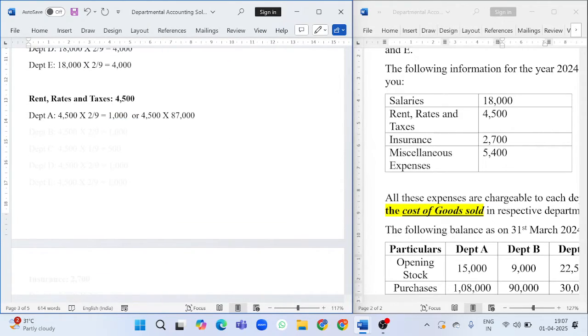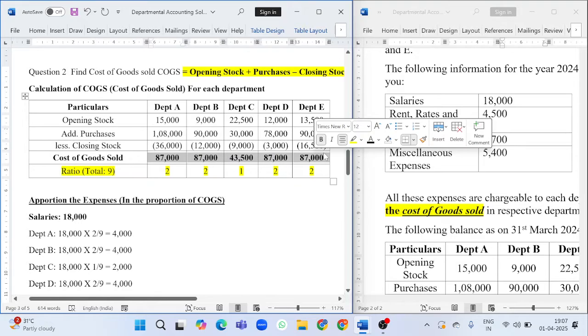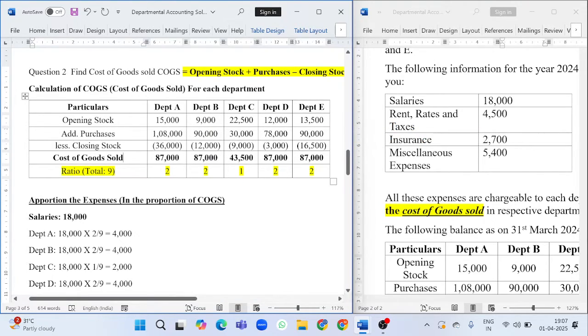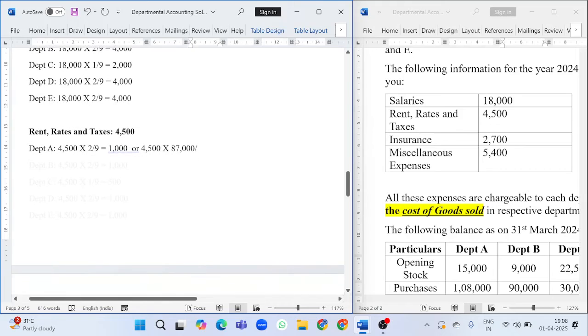87,000 divided by, now add all the COGS. What will be the total of COGS? 87,000 plus 87,000 plus 43,500 plus 87,000 plus 87,000. So the total COGS will be 3,91,500.